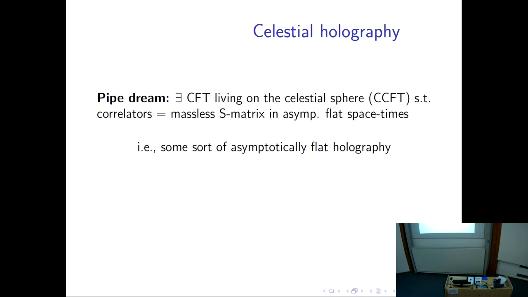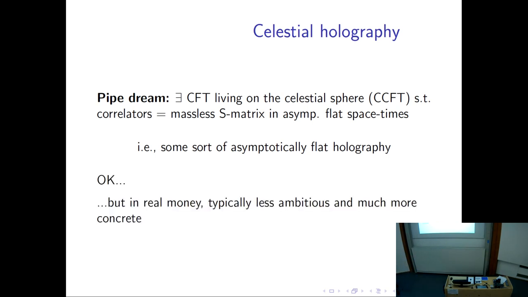So this is supposed to be some sort of asymptotically flat holography. And this is, of course, a very ambitious pipe dream. But if you're a gritty realist, like me at least, these sorts of pipe dreams can maybe be off-putting for you, with people maybe taking a victory lap they haven't earned yet.